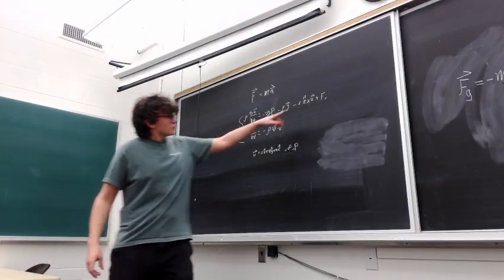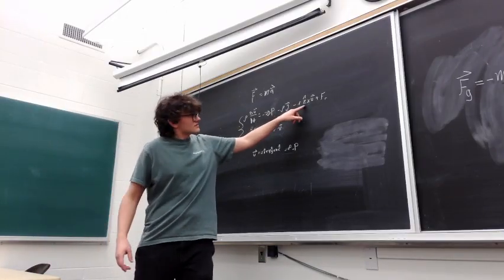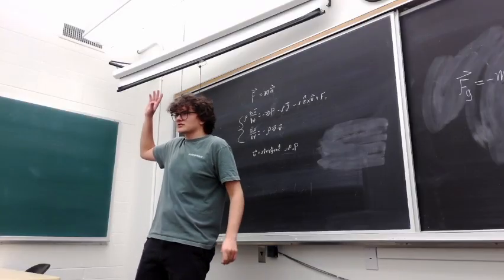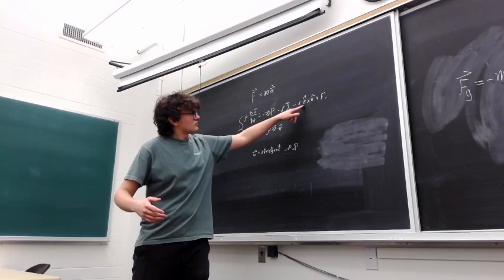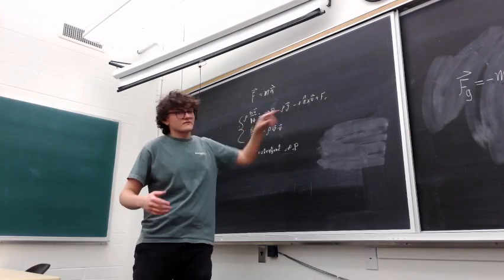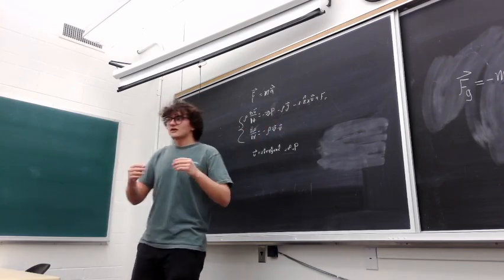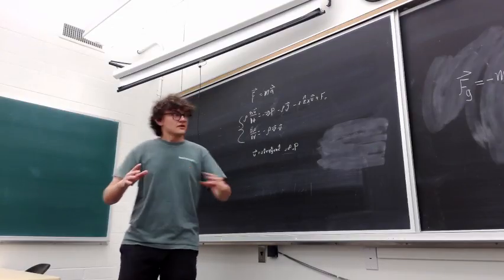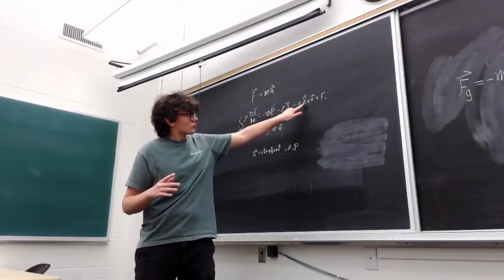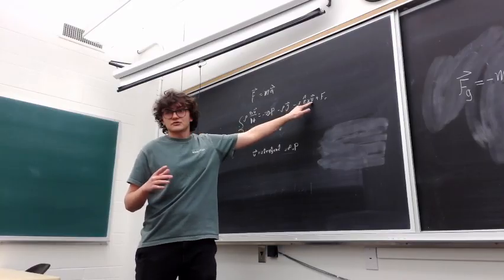So the Coriolis force, you can see here. Who knows what the vector cross product is? Okay, good. As we all know, the cross product of two vectors gives you a third vector which is normal or orthogonal to both of them. So we can see here that the Coriolis force is orthogonal to the velocity.